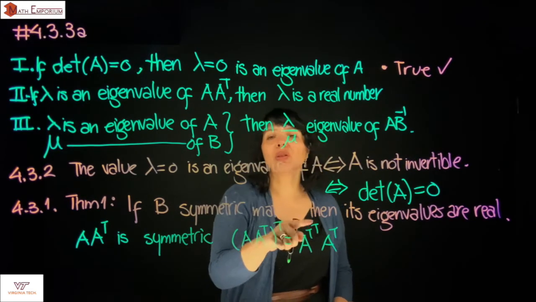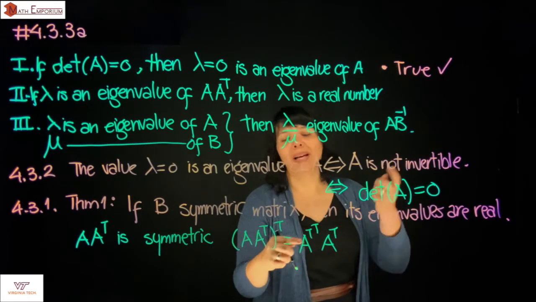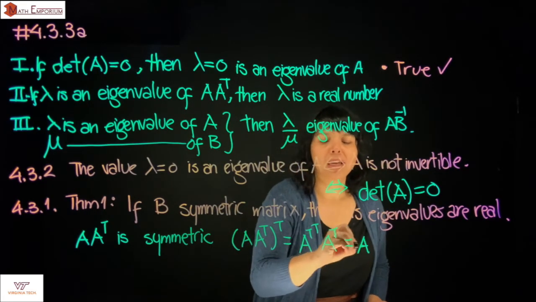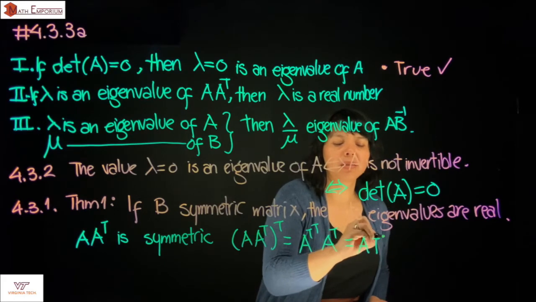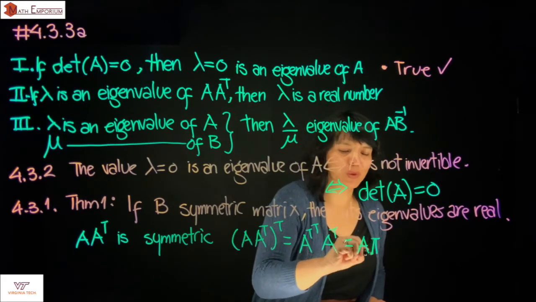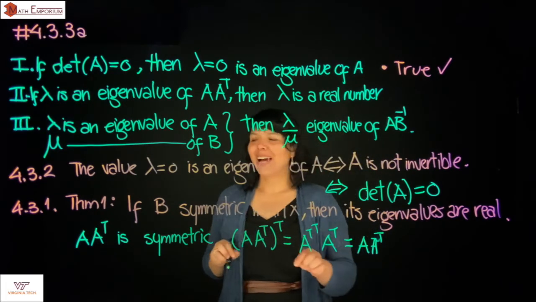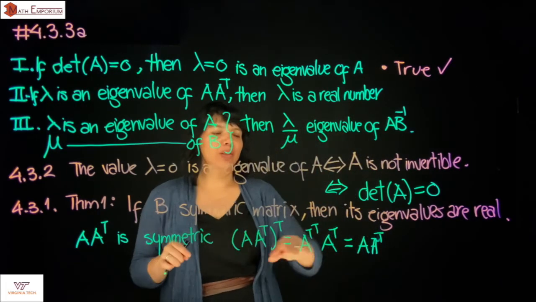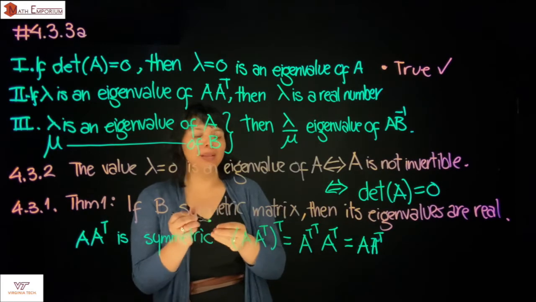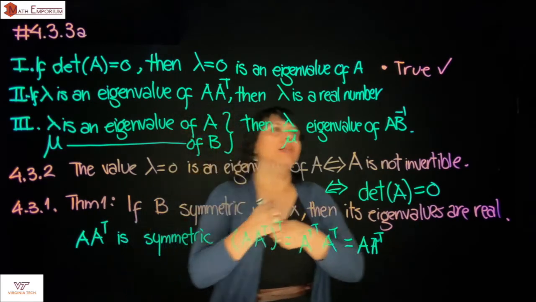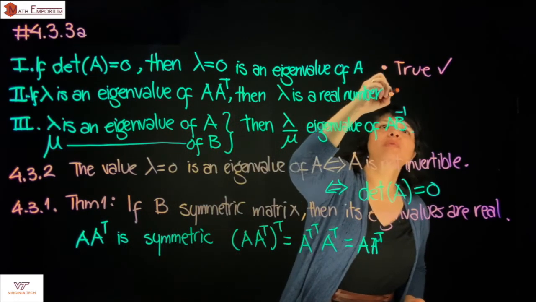But if you double transpose a matrix, you just go back to the original, so that gives you A times A transpose. And that's how we know that it's symmetric. So these together with this one make this one true as well.